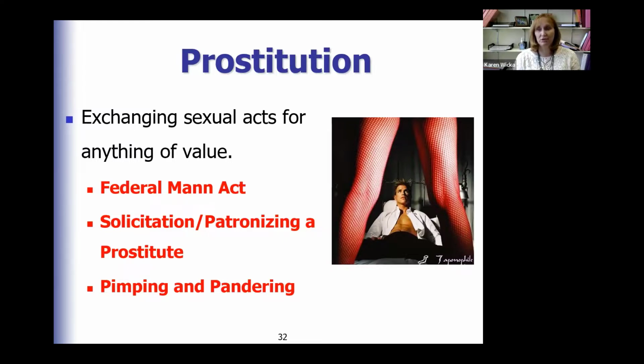Obviously, part of the way to curb human trafficking. We also have different crimes for solicitation. So soliciting the prostitute or patronizing a prostitute, that is going after the people that are paying for the prostitutes. And then we have certain crimes that are pimping or pandering. That's a person that sort of runs multiple women in this business.